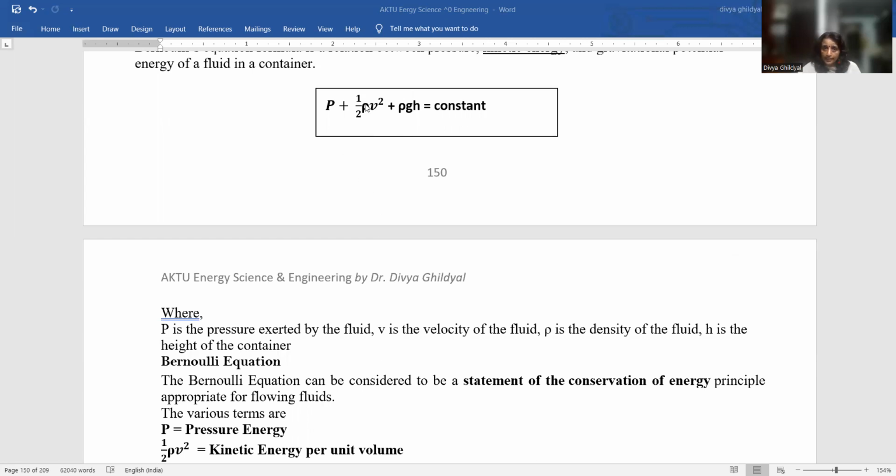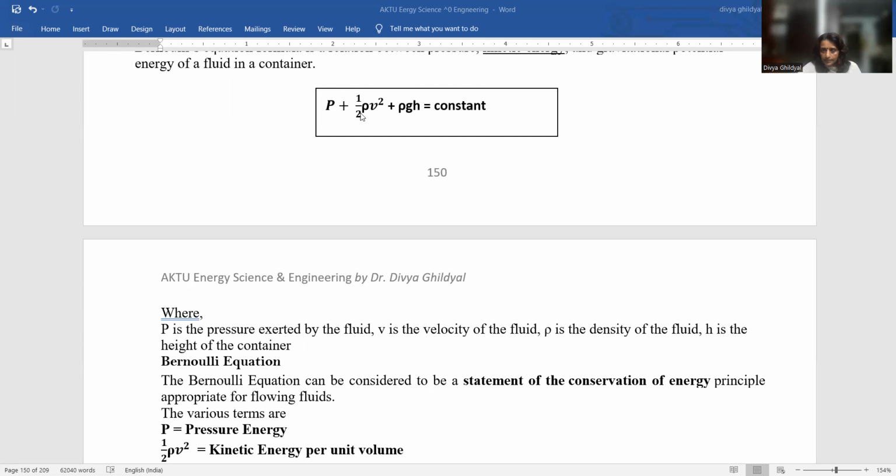Rho is my density of fluid, h is my height of container or my experimental apparatus, g is acceleration due to gravity. Now, this is a constant.